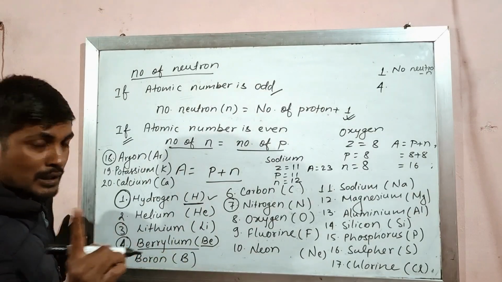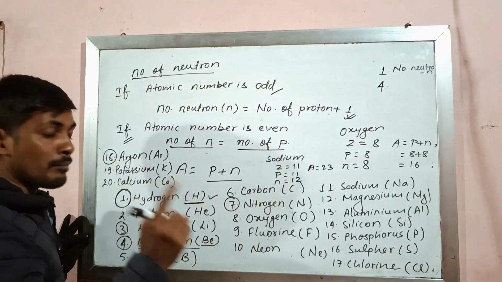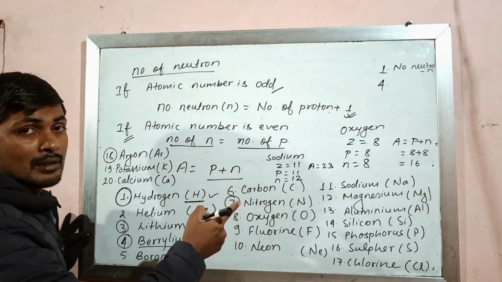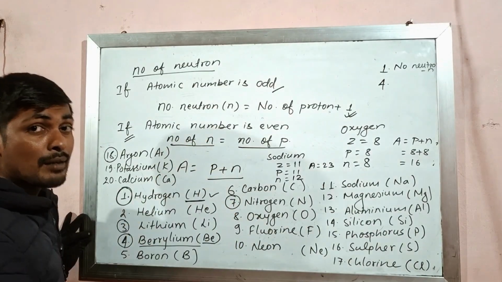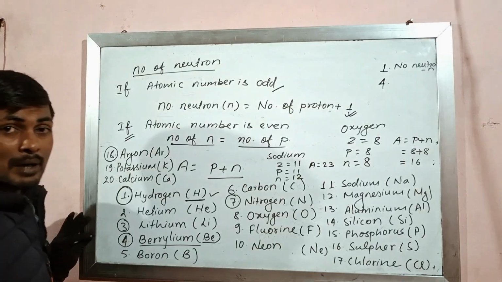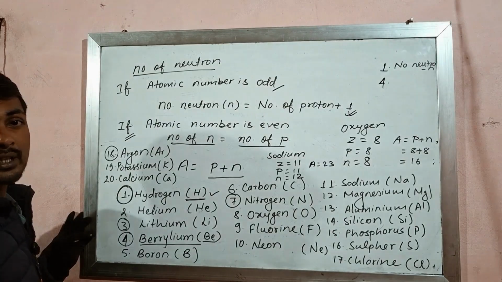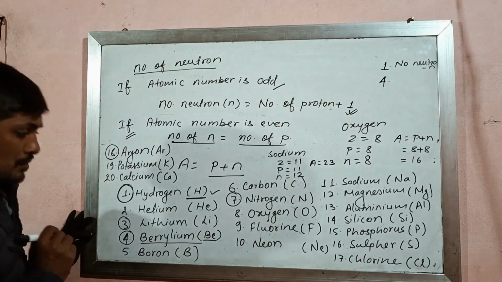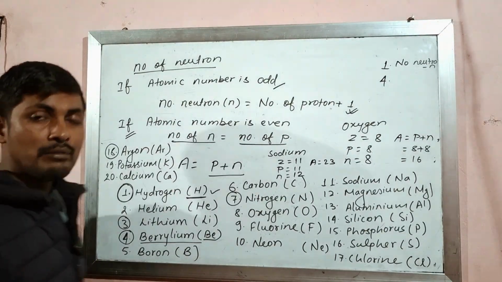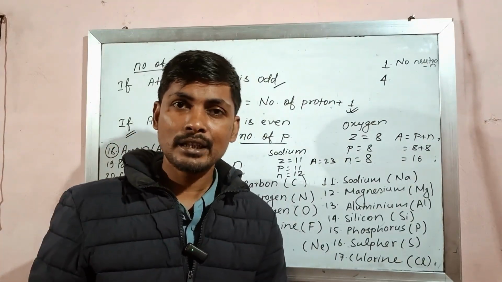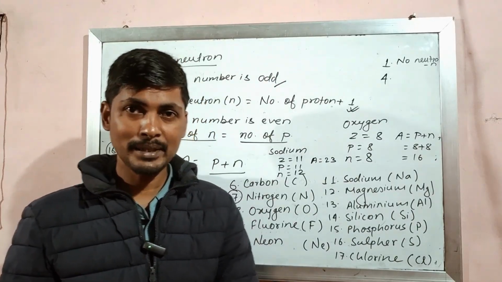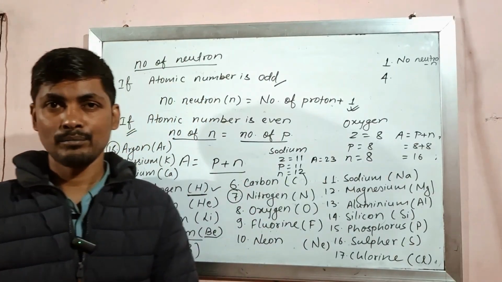But no, here in case of nitrogen, number of proton and number of neutron are same, like the even number. So what will be the atomic mass of nitrogen? 7 plus 7, 14. So in this way, we will be able to find the atomic mass of any given element or any given atom.